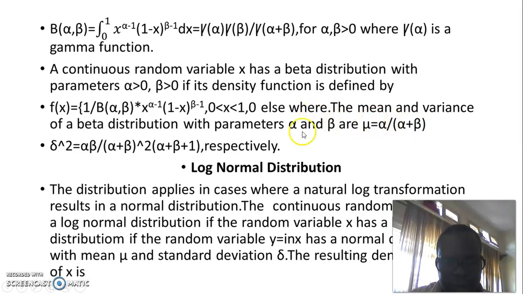And the mean and variance of the beta distribution with parameters alpha and beta are given by alpha over alpha plus beta, and the variance is given by alpha beta over alpha plus beta squared into alpha plus beta plus 1, respectively.